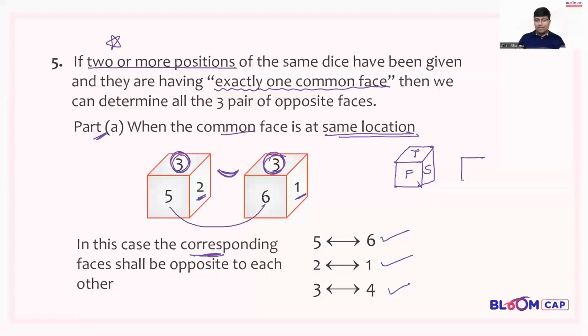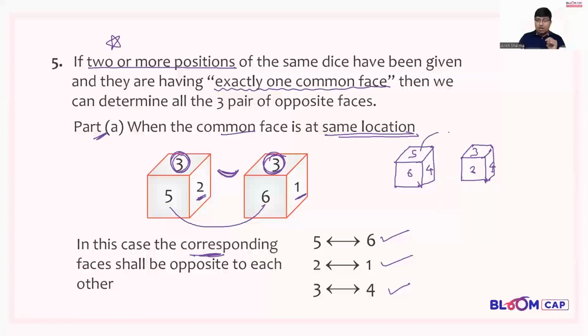For example, if you are given something like this, it's nothing to mug up at all, I am there to help you. So now see, if something like this is given, in which suppose 4 is over here, 5, 6, 3 and 2, and now again the common face is only one and that is again at the same location, side.